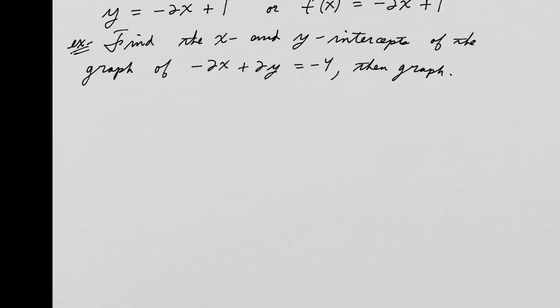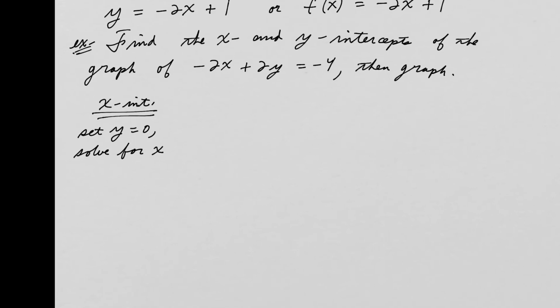So we talked earlier, in a section way back, about how to find the x and y intercepts. So remember, let me just review that. To find the x-intercept, what you do is you set y equal to 0 and you solve for x.